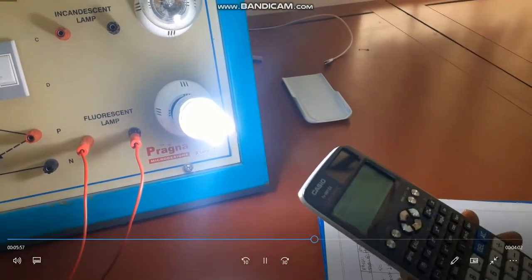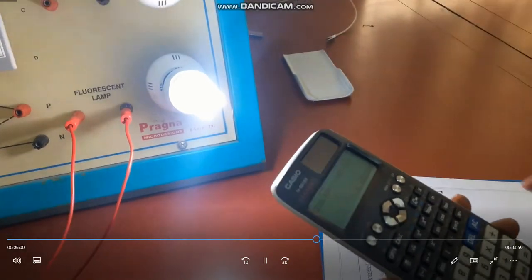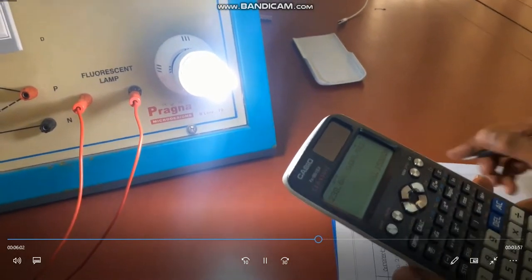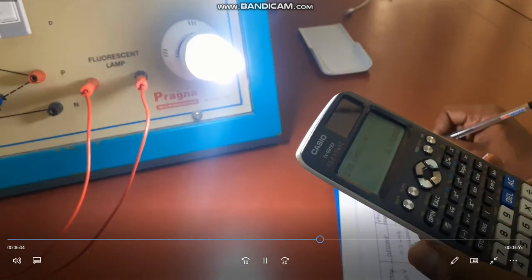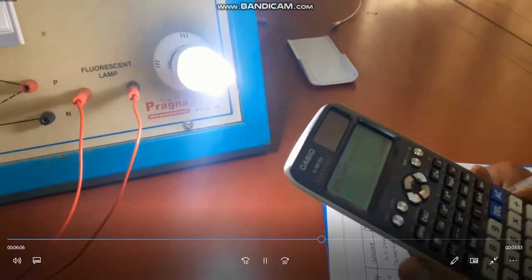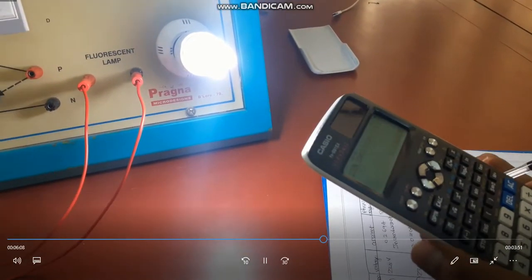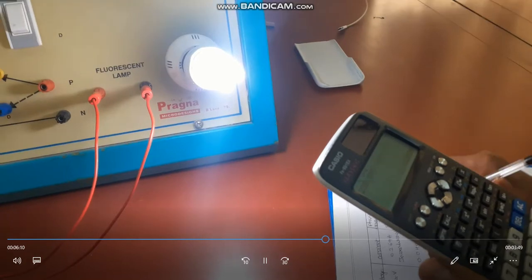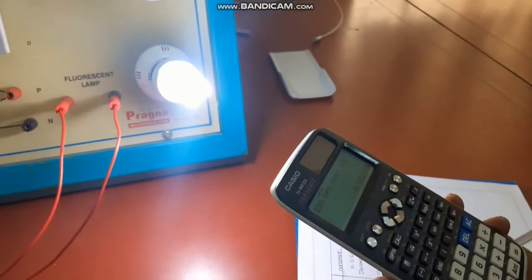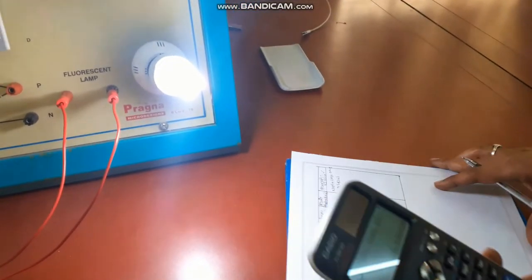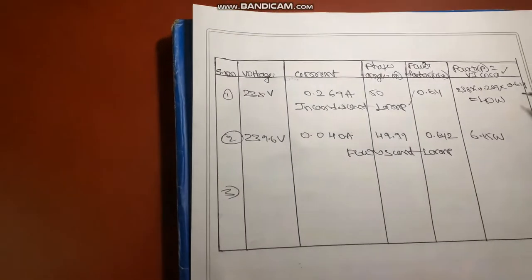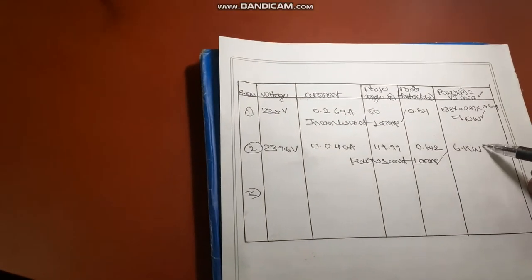The power consumed is 6.15 watts by the fluorescent lamp. If you compare this with the incandescent lamp, where the power consumed is 40 watts, the fluorescent lamp consumes 6.15 watts.